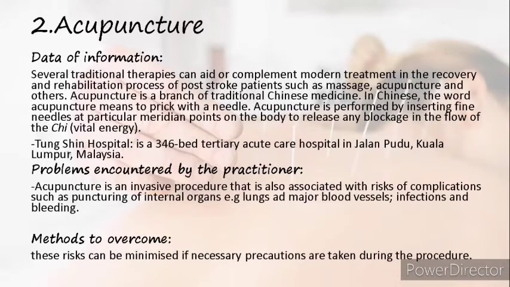Tongsen Hospital is a 346 bed tertiary acute care hospital in Jalan Pudu, Kuala Lumpur, Malaysia. Problems encountered by the practitioner: acupuncture is an invasive procedure that is also associated with risks of complications such as puncturing of internal organs such as lungs, major blood vessels, infections, and bleeding.